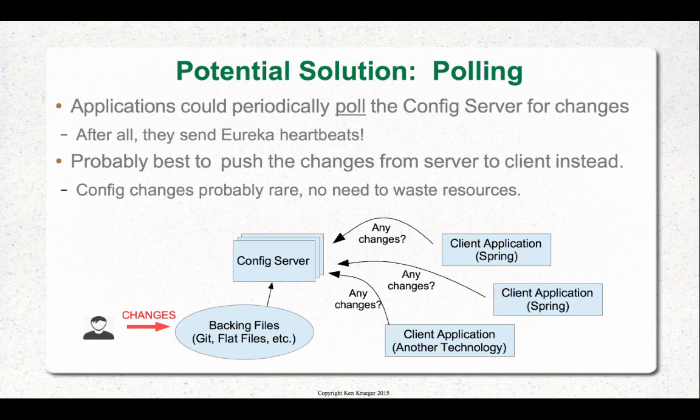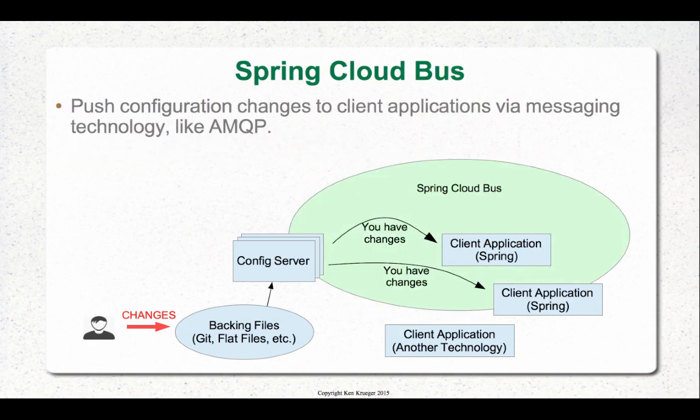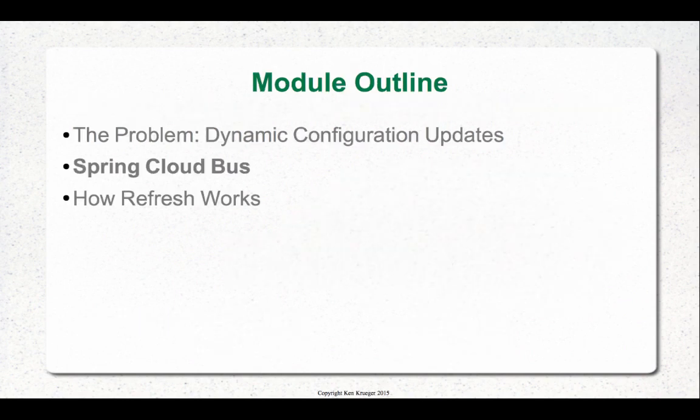A cleaner approach would be to somehow push the changes out from the server. And this is exactly the space that Spring Cloud Bus addresses. Spring Cloud Bus is used to push configuration changes from the config server to the client applications using messaging technology.